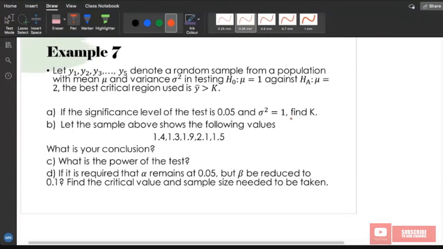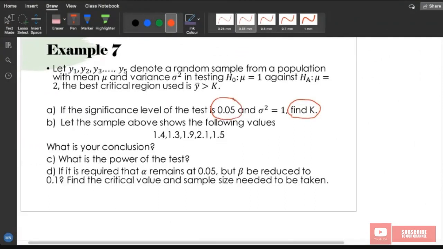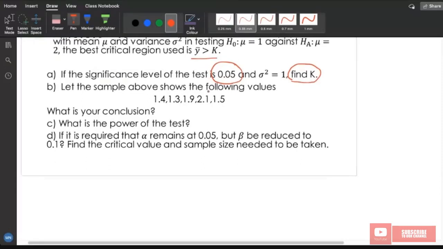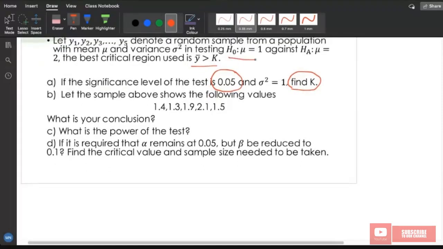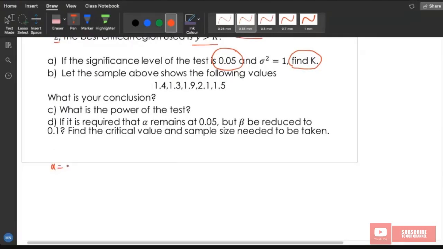The value of k, which is our critical region, right? We are given alpha is equal to 0.05, and the best critical region is y bar more than k, right? And our null hypothesis is mu equal to 1, and alternative hypothesis is mu equal to 2, right? We have 5 observations. So alpha is equal to probability of type 1 error. We start with our known information, which is our alpha, right?